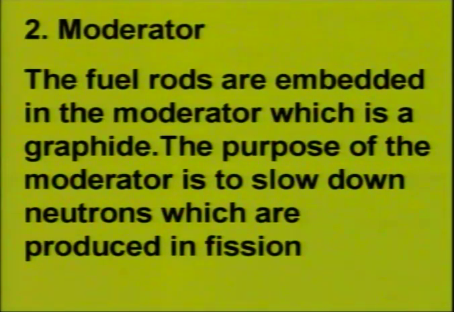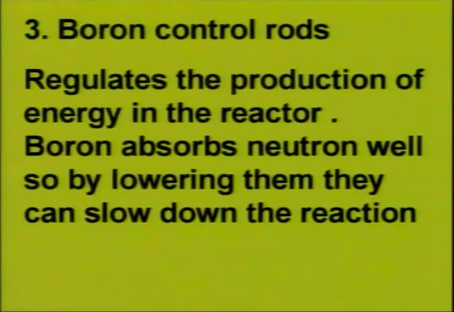We shall now move on to the last part and its function. Okay, basically the boron control rods have to regulate the production of energy in the nuclear reactor. Right. If you want to stop the production from going on, then you can push the control rods right into the center of the reactor.